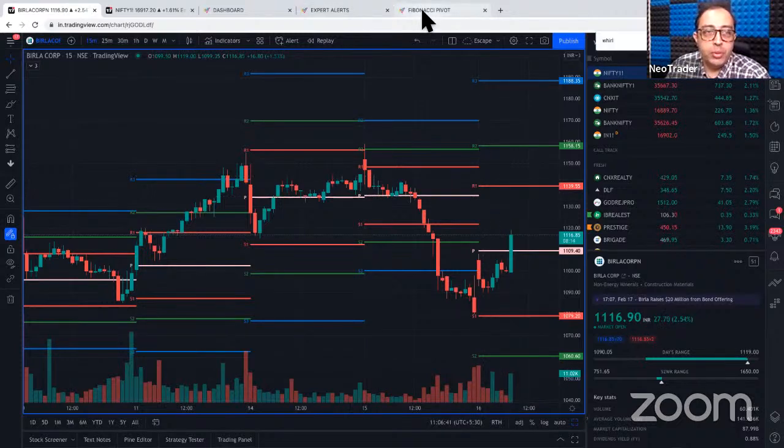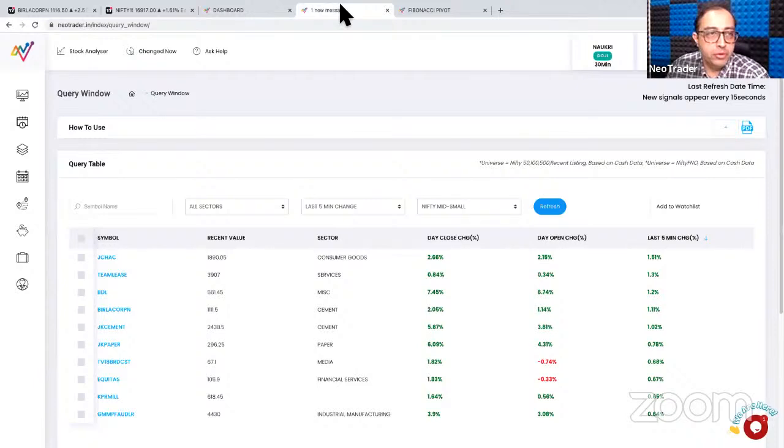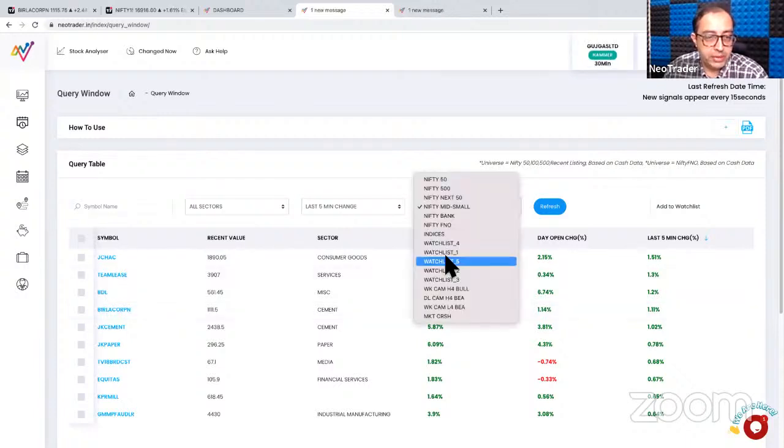Just because the stock is moving does not mean that you have to take the trade. You have to first see what kind of move I'm getting. Is it crossing important levels? And then you can go for the trade. It can be your own watch list as well.